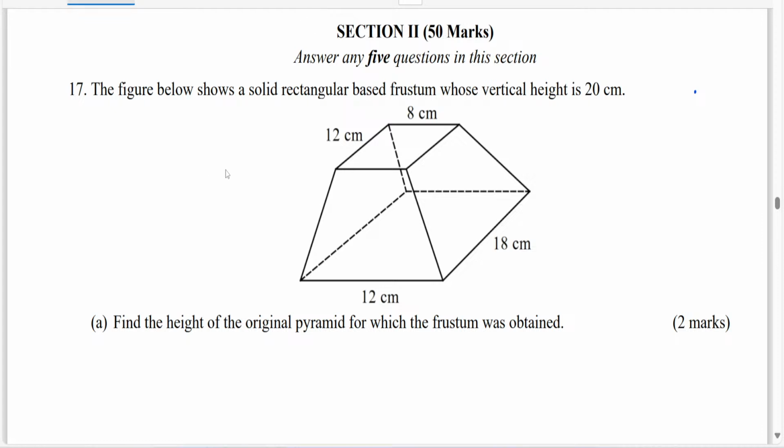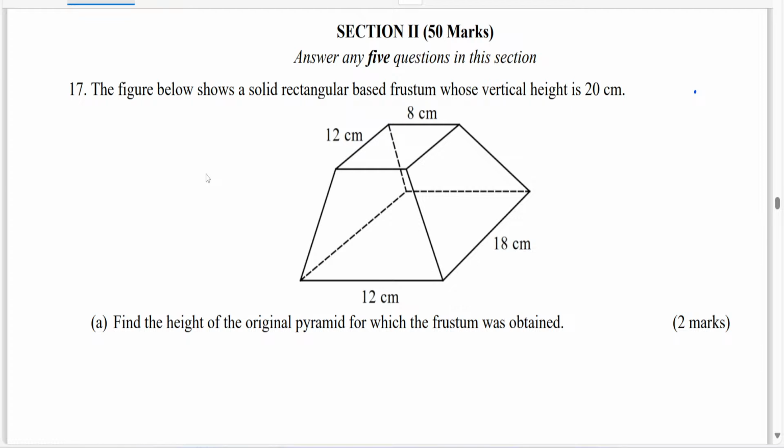As usual, today we will continue with section 2, on different topics of that paper. It may include frustum and so on. Let's just start so we don't delay too much.